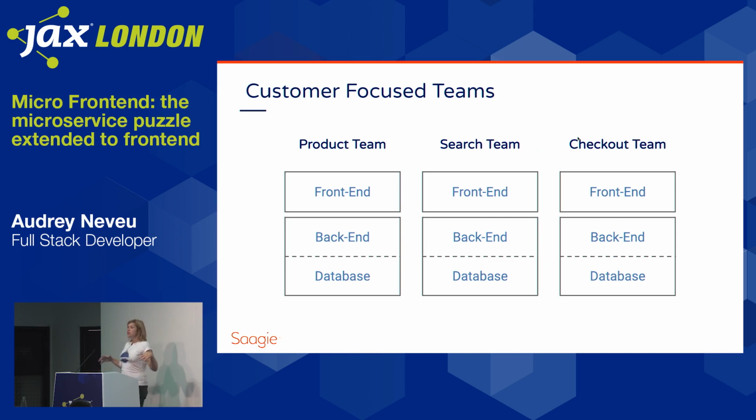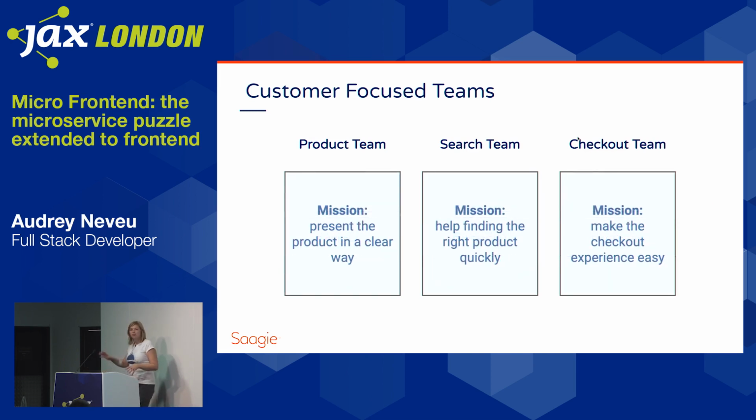So now we have only small and completely specialized teams, and that makes a big difference. They are customer focused, which means that they don't have to worry about what's happening elsewhere in the application. They simply can think about providing the best experience to the user for their very own part of the product.